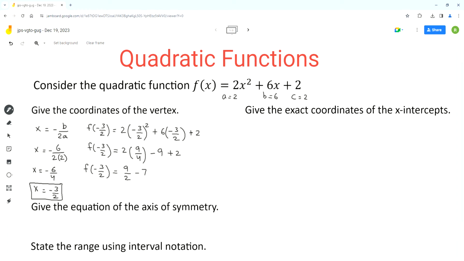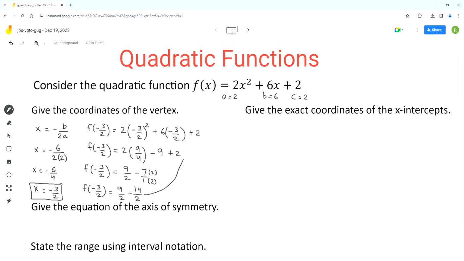And now we have to combine these two terms. The denominator of 7 is 1, so the common denominator here will be 2. So we'll multiply the numerator and denominator of 7 over 1 by 2. So we get f at negative 3 over 2 equals 9 over 2 minus 14 over 2.